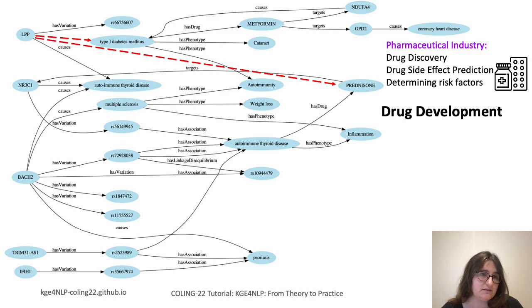We can see a lot of genes, variations, drugs, phenotypes, and how these nodes are connected with each other. And we can pick any edge that we would like to predict and see how plausible that would be with knowledge graph embeddings.